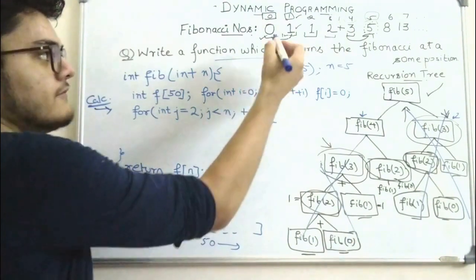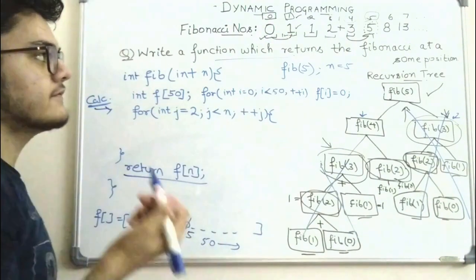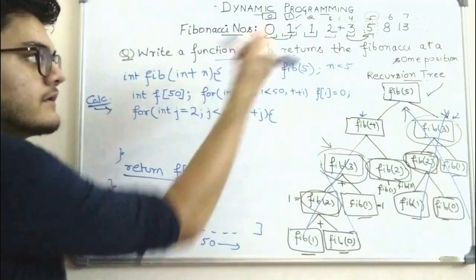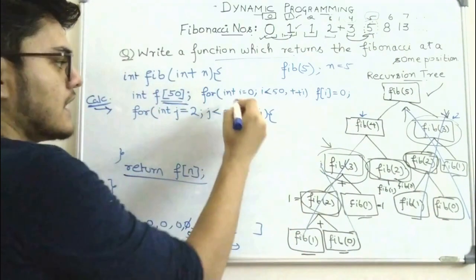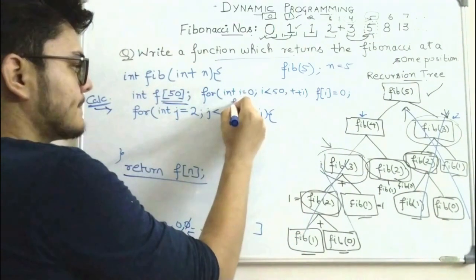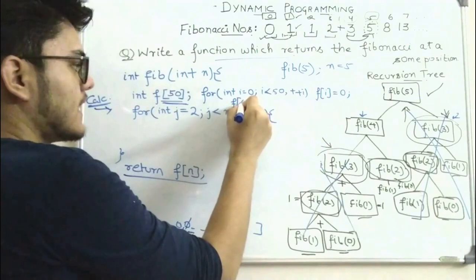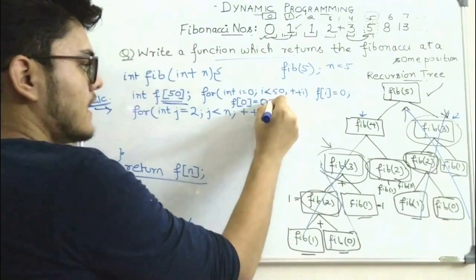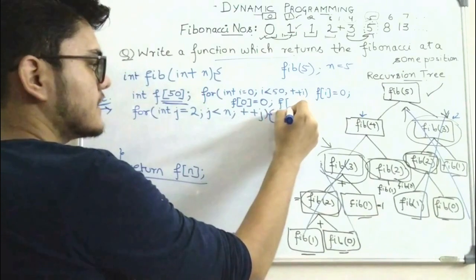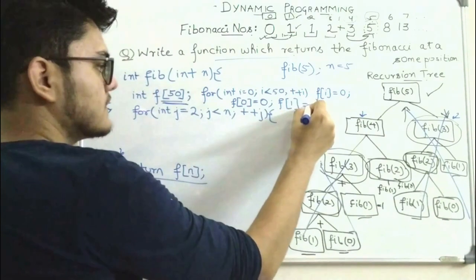So initially we know that the first two numbers in the Fibonacci sequence are fixed. We do not need to recalculate them. So before this step, I am just going to write here that the Fibonacci number at the 0 position is equal to 0, and the Fibonacci number at the first position is equal to 1.